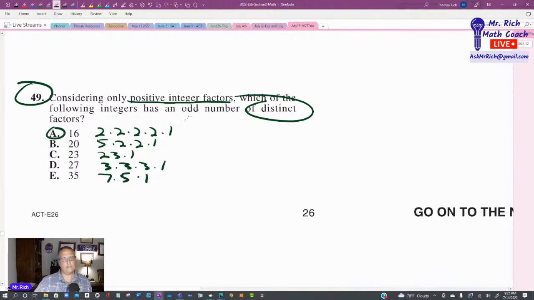This has one distinct factor. This has two distinct factors. This has 3 distinct factors. No, 23. That's 2 distinct. That's 23 times 1. That's got 2 distinct factors. This has 1 distinct factor, right? The 3s are not distinct. Yeah, I don't know. Again, I don't like that question.